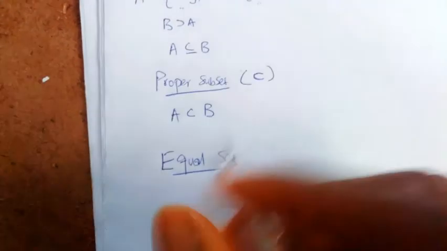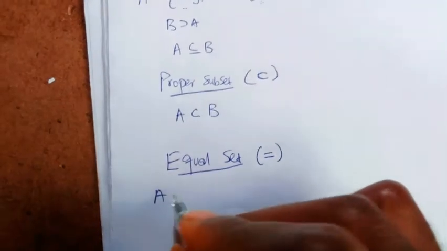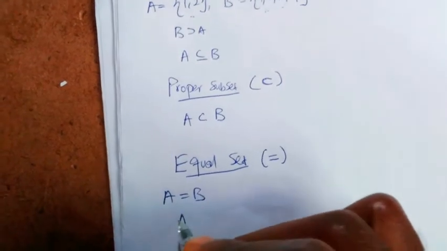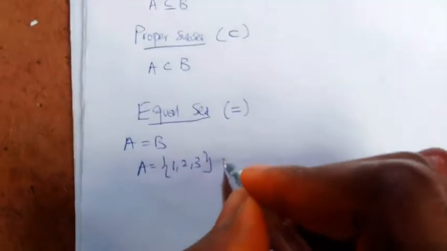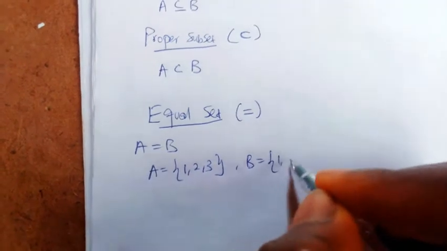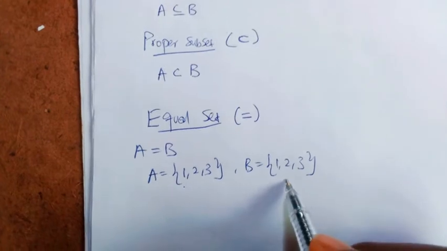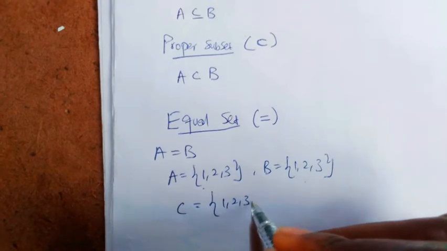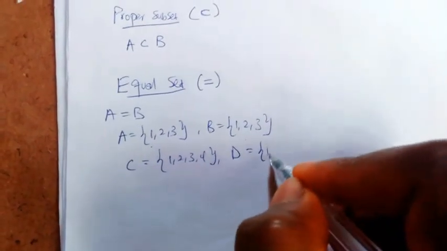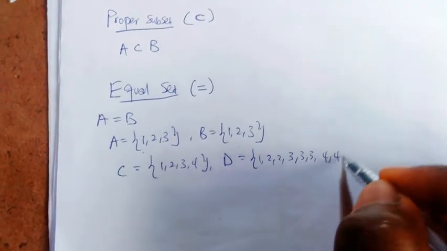Now for equal set. A set A is said to be equal to B, the notation is this, if all the elements in A are the same as the elements in B. In this case, we don't look at the numbers of elements in A and B. Such that for C, if I was given 1, 2, 3, 4, and for D, I have 1, 2, 2, 3, 3, 3, 4, 4, 4.